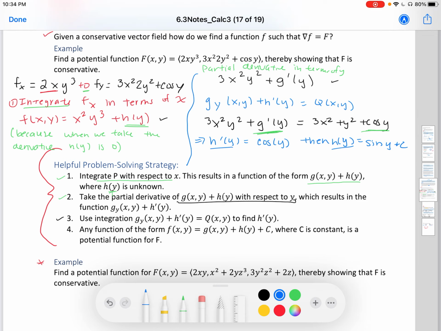Now as we continue, we're going to let c be 0. So that our final answer is f of x comma y is equal to x squared y cubed plus sine of y, plus c of 0, and that would be our potential function.